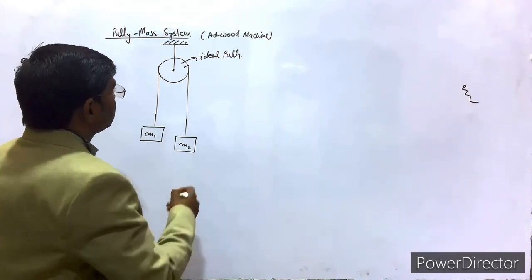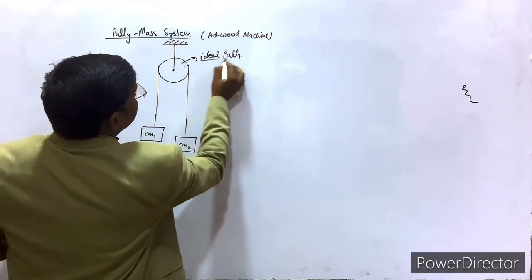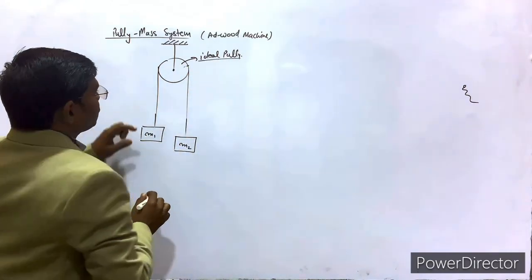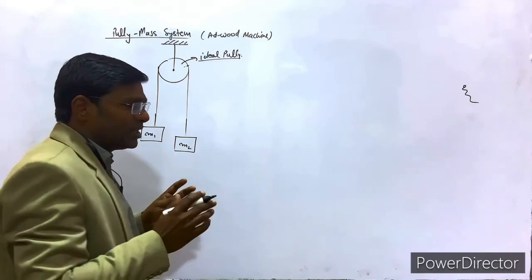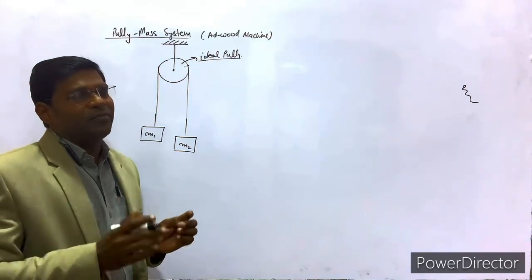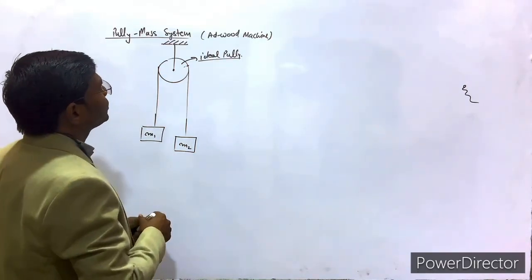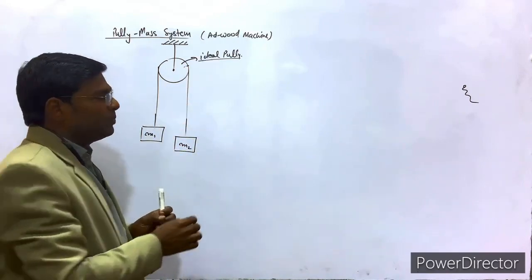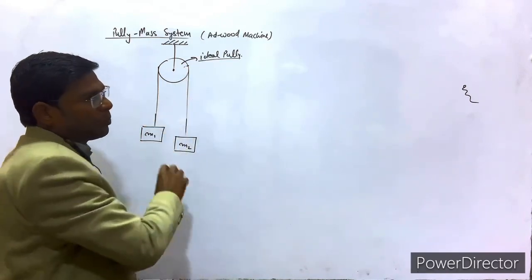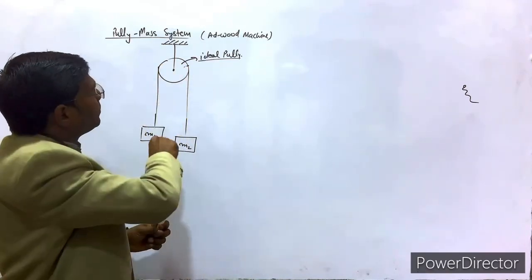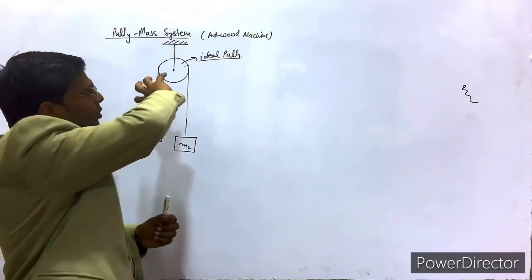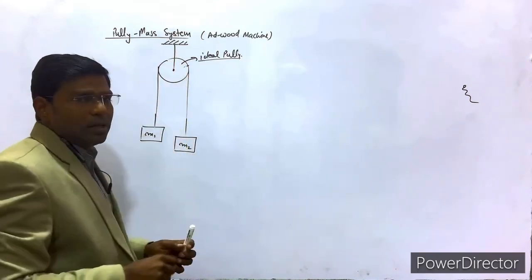First of all, I would say that the pulley we are considering in this illustration is an ideal pulley. What is the ideal pulley? It is a massless and frictionless pulley. What is the meaning of frictionless? There is no friction between the pulley and the rope. The rope does not roll around the pulley.